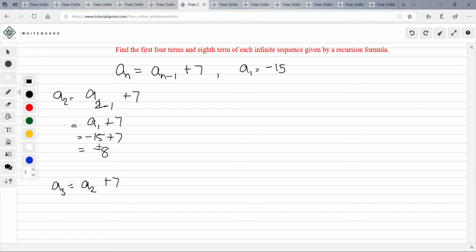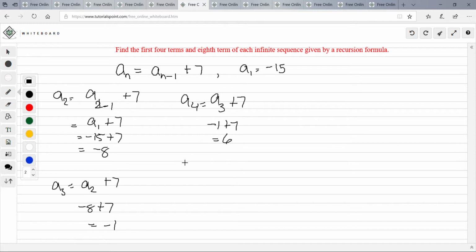We know a2 is negative 8, so negative 8 plus 7 gives us negative 1. A4 is 4 minus 1 is 3, so it's a3 plus 7. We know the third term is negative 1 plus 7, so that's 6.